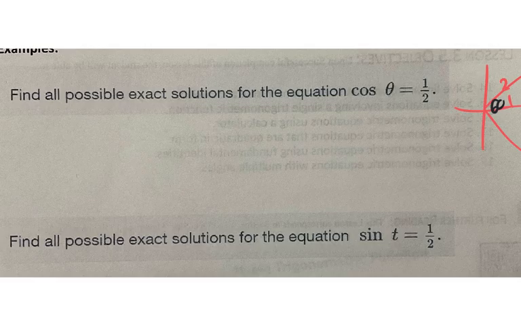So 60 degrees would be pi over 3. And then how often would this come back and be an answer? Every time I go 2 pi around. So this would be plus 2 pi times k, or 2k pi. I'm just going to write it like 2 pi k right now because I think it makes more sense to us. But again, 2k pi is the way they normally write this.